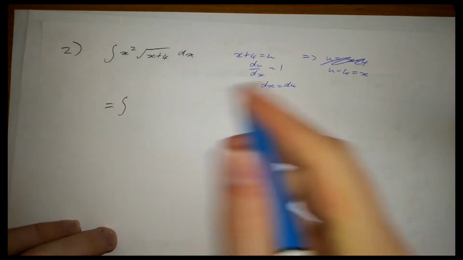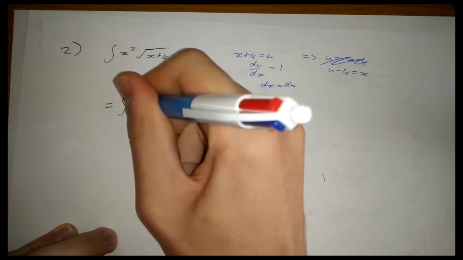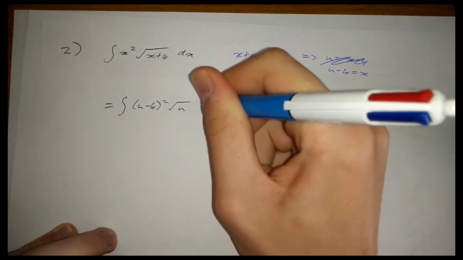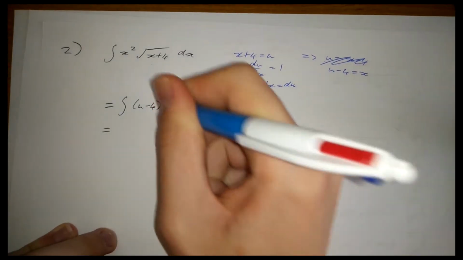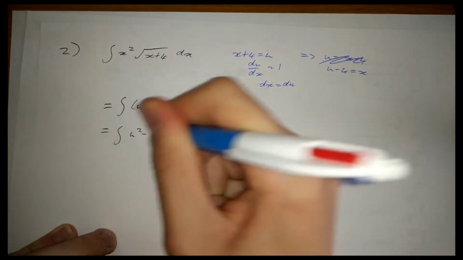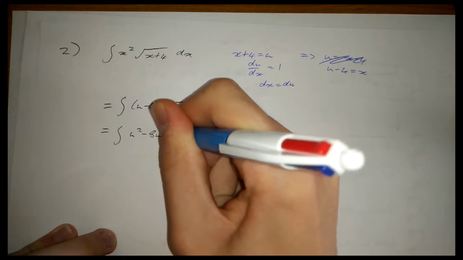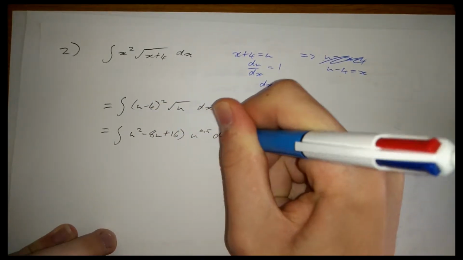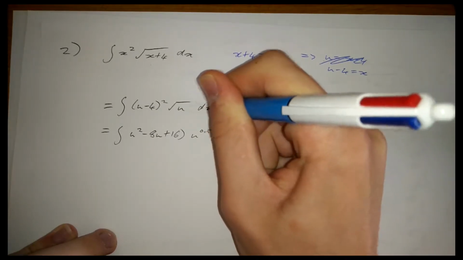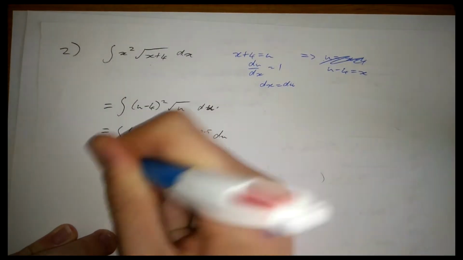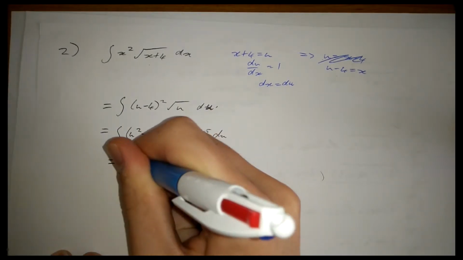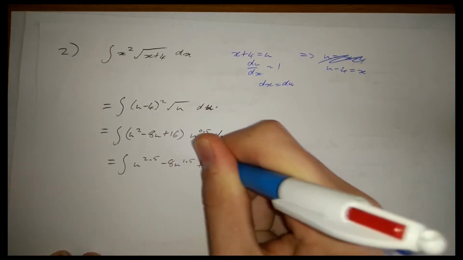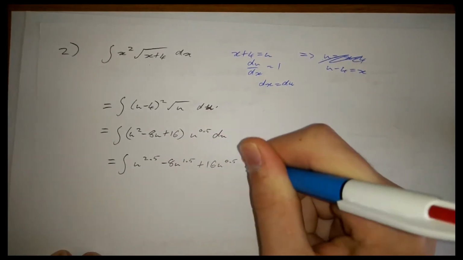Hence, u minus 4 equals x, so we can do u minus 4 squared times the square root of u du. We can just expand this out. So we have u squared minus 8u plus 16, times square root of u, du. And we can expand all this out to u to the 2.5 minus 8u to the 1.5 plus 16u to the 0.5 du.